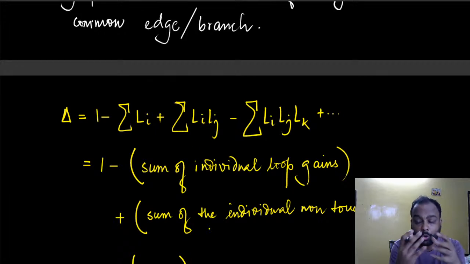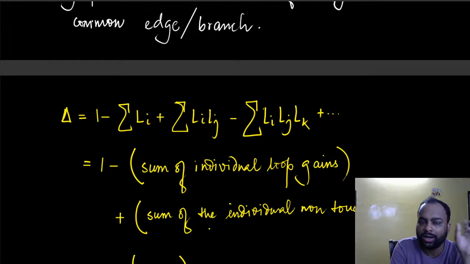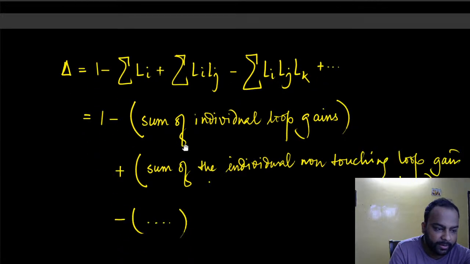Similarly, if I cannot find two loops that are non-touching, then I of course won't ever find three loops that are non-touching. If I can't even figure out two loops that are not touching, then how can I figure out three loops that are not touching? So that's not possible. If all the pairs are touching each other somehow, then of course you cannot find three loops that are not touching each other.